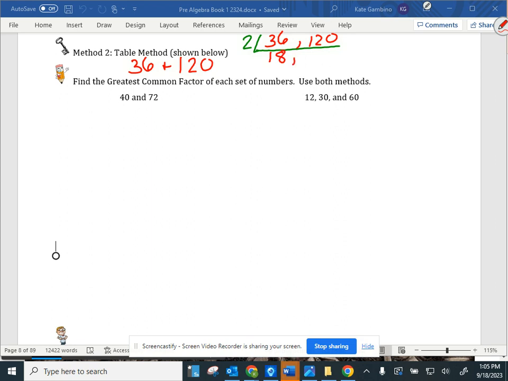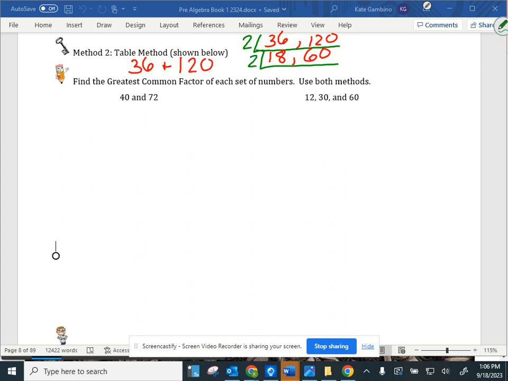What if I divided 2 out of 120? Grayson? 60. So now I had 2 times 18 is 36, 2 times 60 is 120. That is a factor that they share.